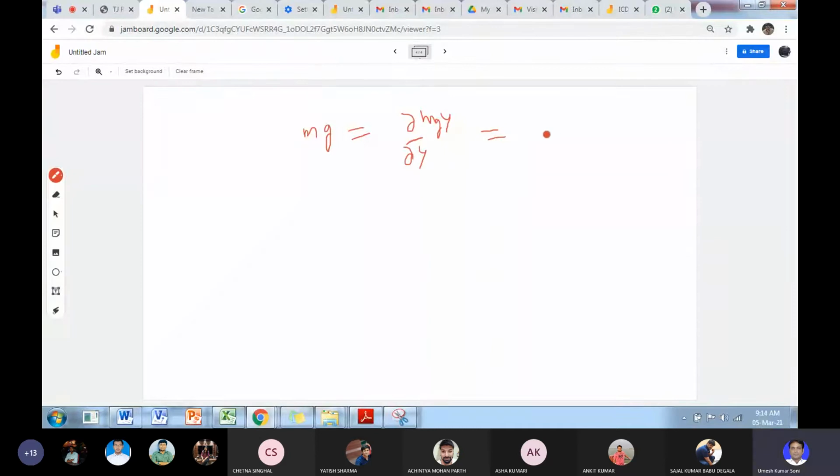This is called the derivative of potential energy with respect to the position variable. So what is the overall equation we had written?